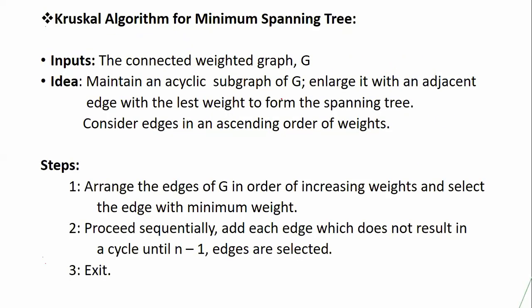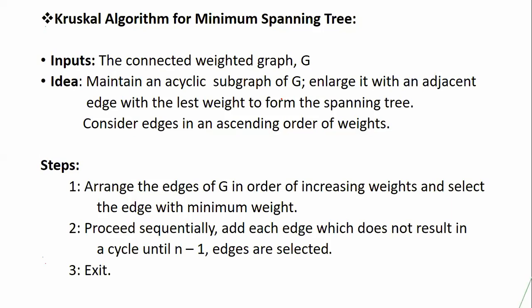Now the input is the connected weighted graph G. The idea is maintaining an acyclic subgraph of G, enlarging it with an adjacent edge with the least weight to form the spanning tree. Now let's consider the edges in ascending order of weight. So the steps are: 1.